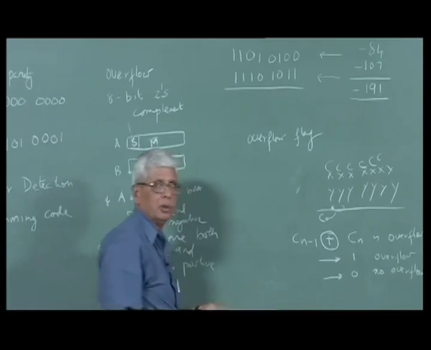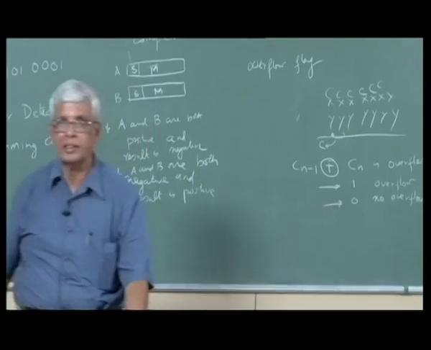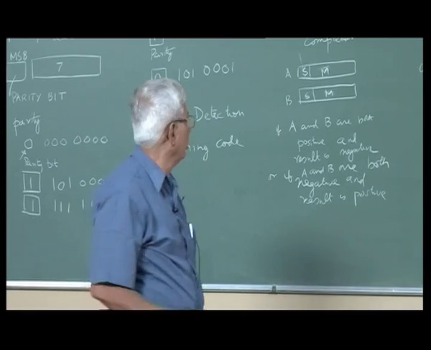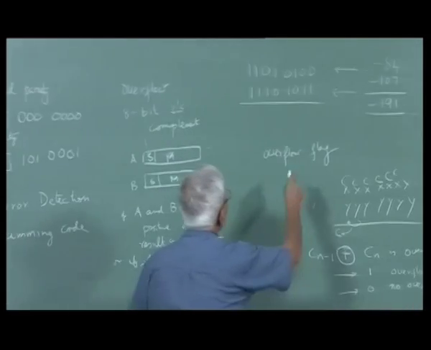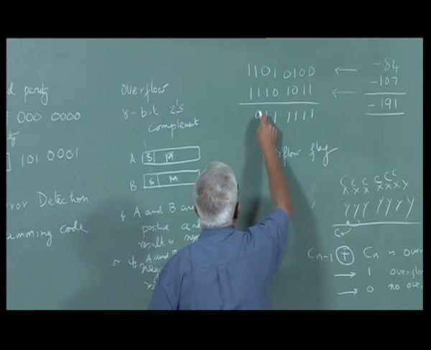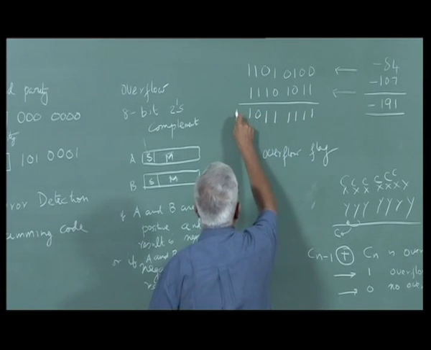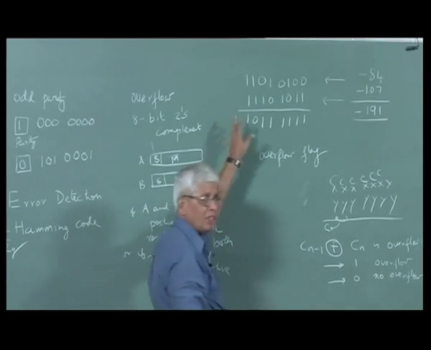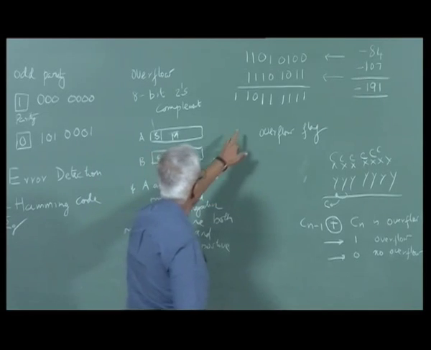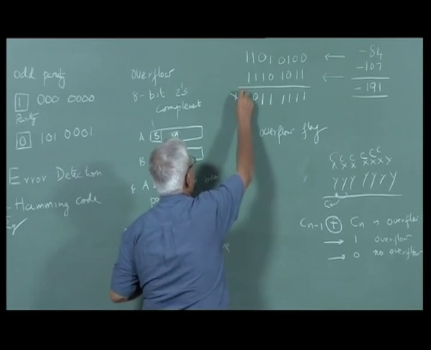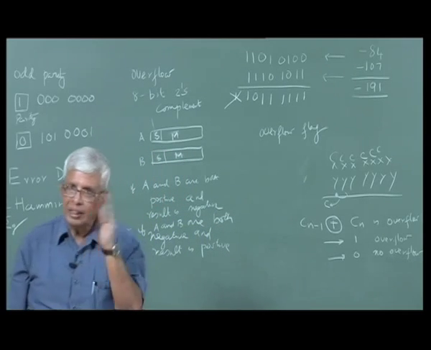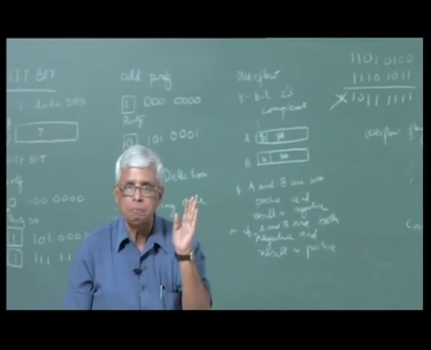Add these numbers. Subtraction in 2's complement is addition. So if you add this, 1, 1, 1, 1, 1, 1, 0, 1. This carry we discard, the number is right. This carry anyway we will discard in 2's complement, the last carry overflow bit. That we will discard anyway, we will not use it.